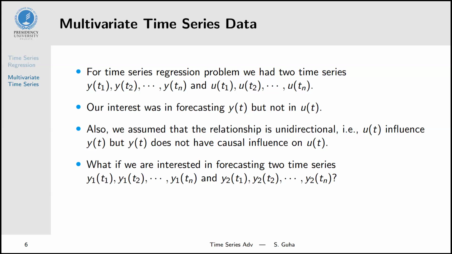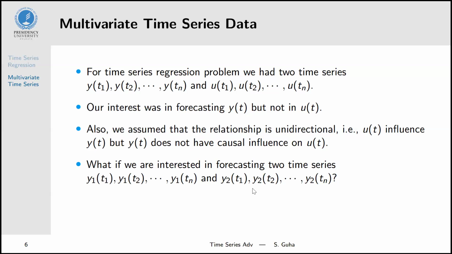But suppose you not only want to forecast YT, but you also want to forecast UT. There may be some such setups. We'll talk about a few such examples maybe. In that case, you want to forecast both of them simultaneously, at the same time, so both of them are then primary time series.